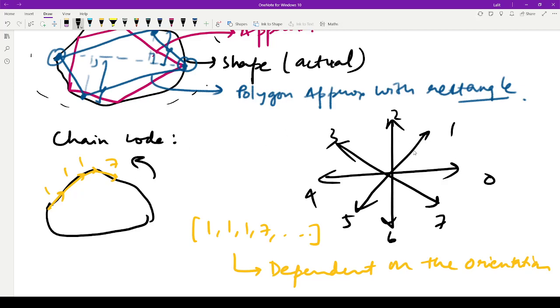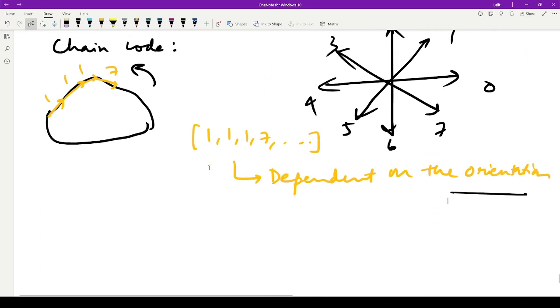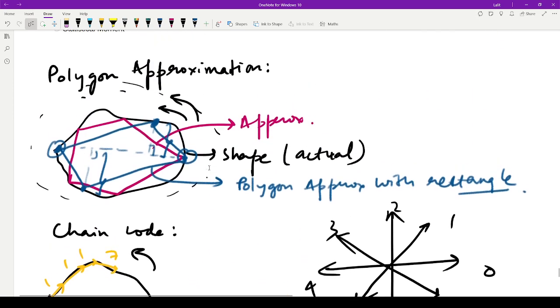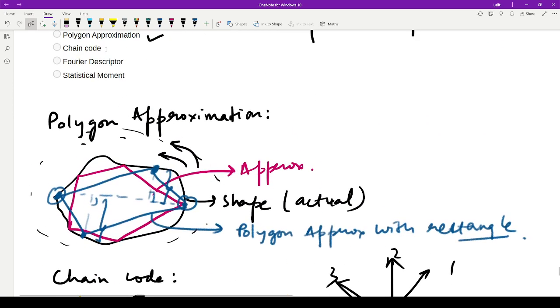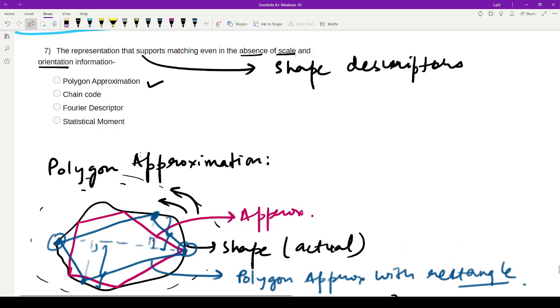All ones will become two, all sevens will become zero, so it is dependent on the orientation. Well, they are talking about chain code here and not the shape number. Shape number will be the same. That's why they made it in a way that they take circular code, I mean, it's circularly the same. And to make it unique, they take the minimum magnitude.